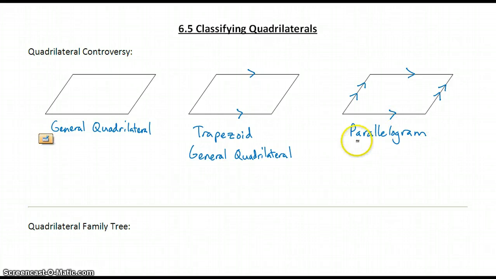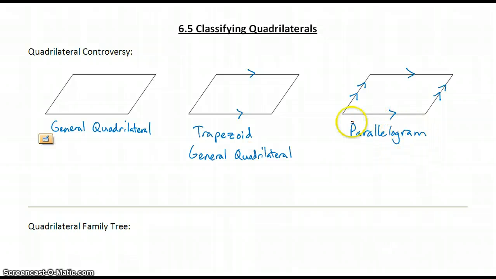The question is, does it lose being a trapezoid when it becomes a parallelogram? Well, according to our book, a trapezoid has exactly one pair of parallel sides. So according to our book, this shape is not a trapezoid. That definition is an exclusive definition.